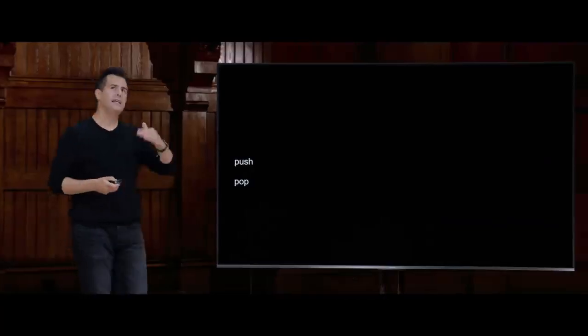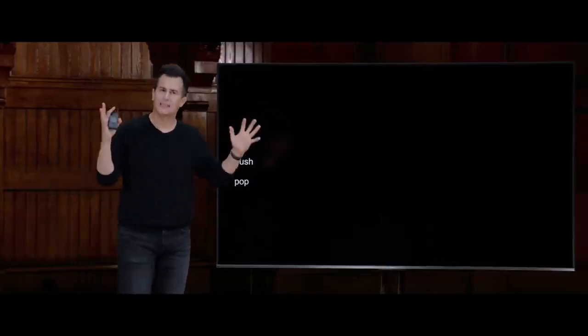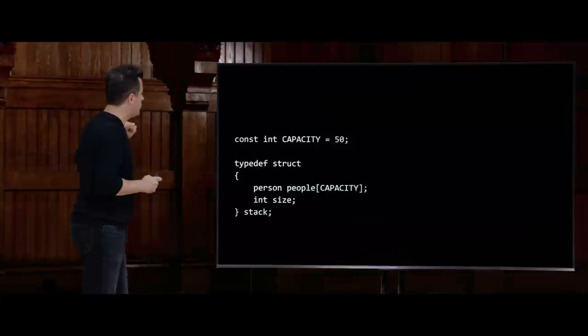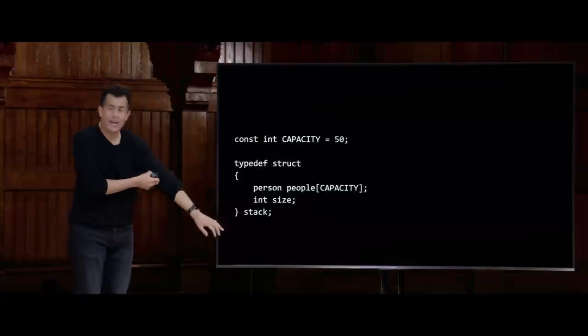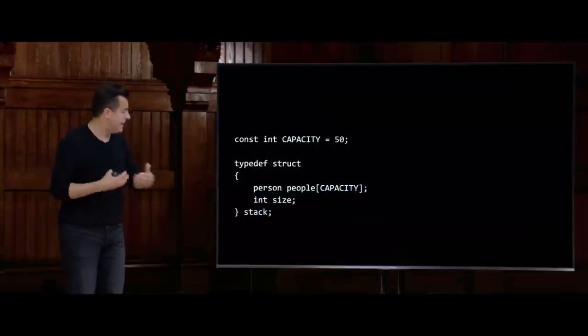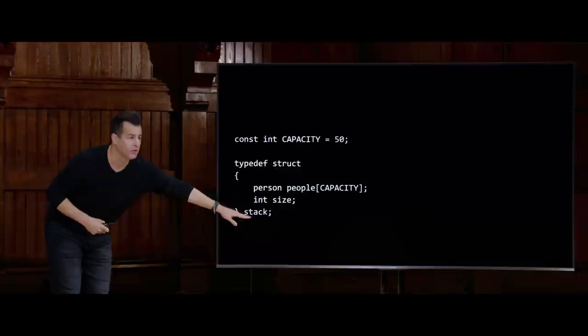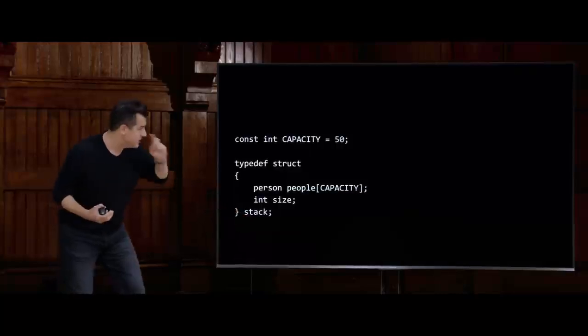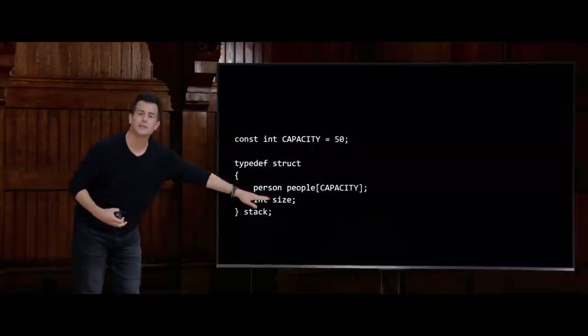But it turns out if we think now about stacks as being this abstract idea that has these operations associated with them, in code we could actually implement them pretty much the same. So notice here, the only difference on this screen is that I'm calling this structure a stack. But the stack still has some capacity. It still has some size.